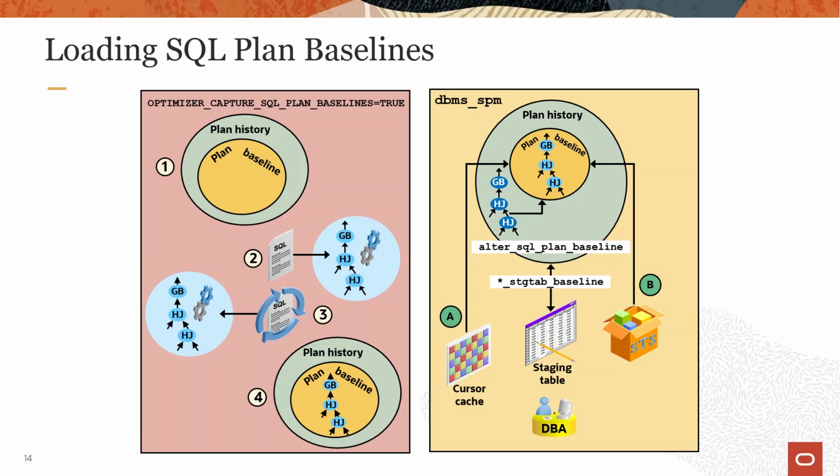If so, that new plan also becomes a plan baseline, and it can then be used if it is generated by the optimizer. If not, it simply stays in the plan history, but it does not become a plan baseline. So this is one technique of capturing execution plans, or placing execution plans in the SQL management base, by setting the parameter optimizer_capture_sql_plan_baselines to true.